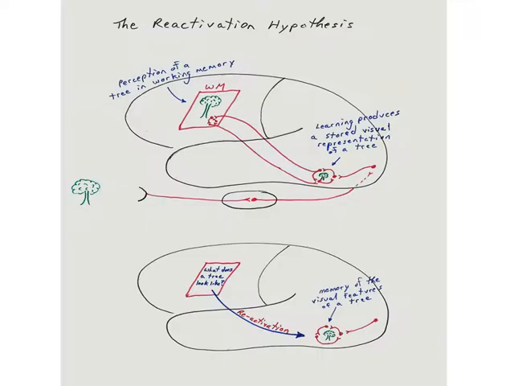So that supports the reactivation hypothesis, that many, not necessarily all, of the same cortical regions used in perception are also used during imagery.